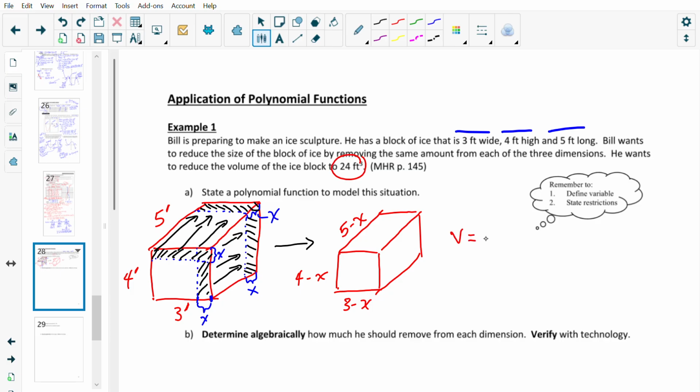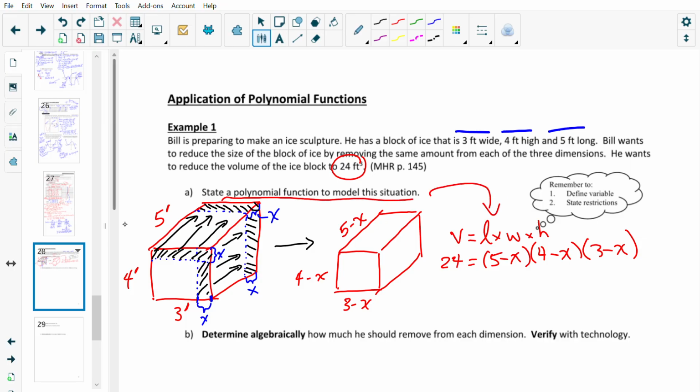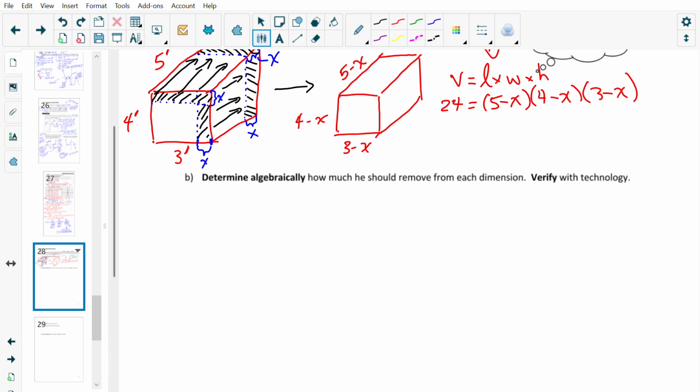So remember, the volume of a rectangular prism is length times width times height. Volume is 24. That's the desired volume. 5 minus x times 4 minus x times 3 minus x. State a polynomial function to model this situation. There you go. All right.